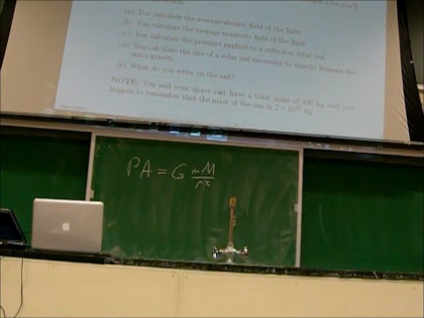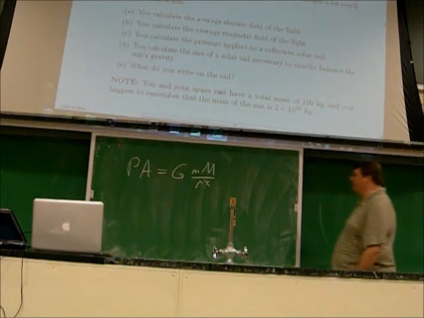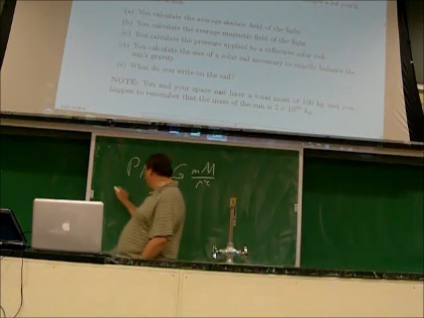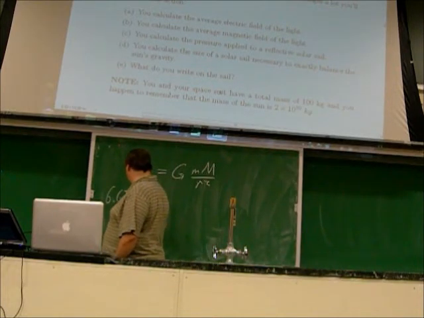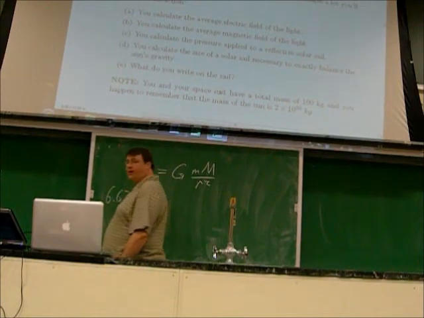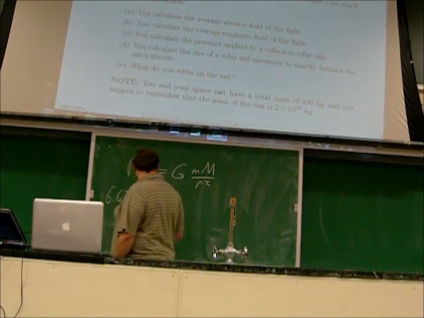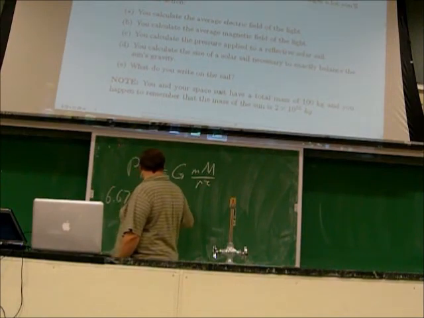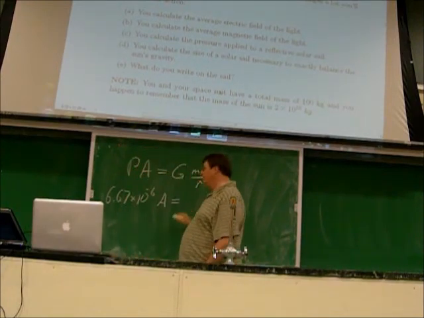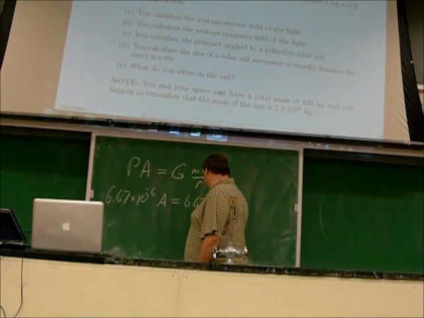Now, this one was written as a practice problem on an exam. I don't expect you to know the mass of the sun. But for here, we can take our previous numbers. What do we have for the pressure? 6.67 times 10 to the negative 6, times the area, is equal to 6.67 times 10 to the minus 11.